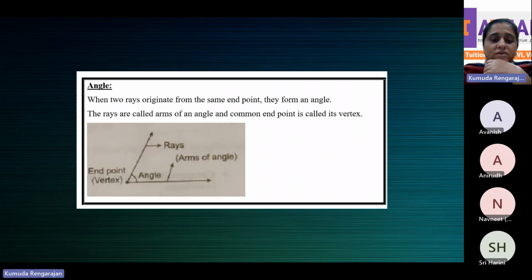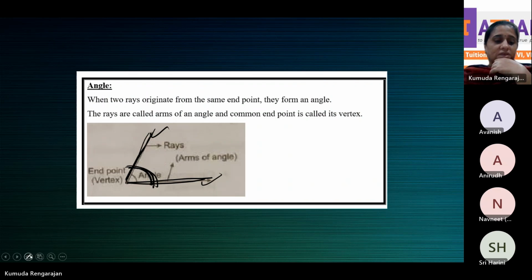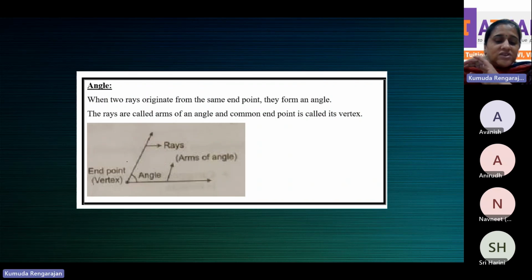Correct. Both of them. This is a ray. This is also a ray. Now, when we are talking about this angle, for this angle, this is not a ray. For the angle, this is an arm. This is the other arm. In general, this is a ray. And this is also a ray. Why are they rays?